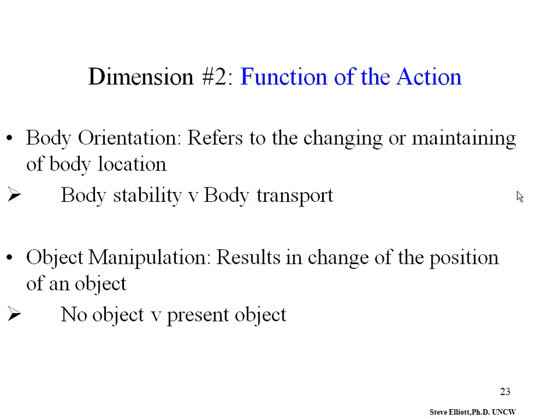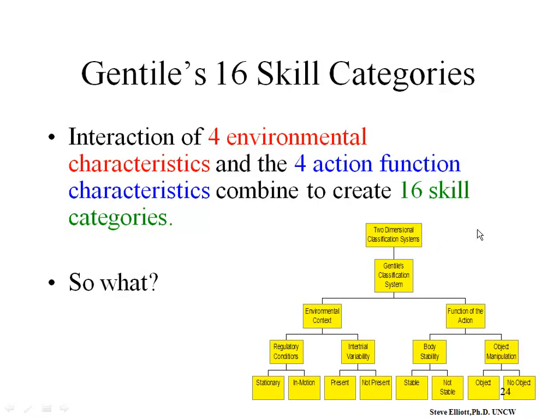So we're looking at the skill itself and deciding whether the body is moving, yes or no, whether it's stable or in transport, and then whether the skill involves an object or no object being present. So we can answer yes or no to each of those for any skill that we look at.